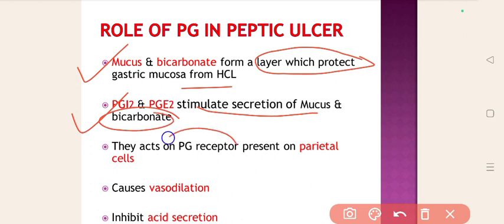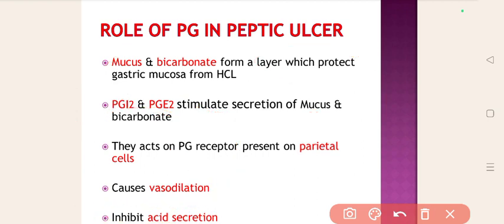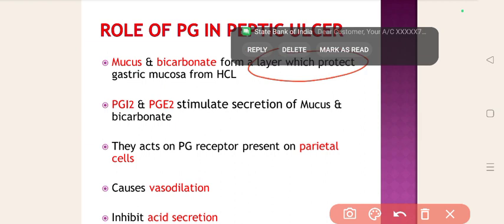They act on the prostaglandin receptor present on the parietal cells, and they inhibit the gastric secretion. It also causes vasodilatation. Okay, so this is the role of prostaglandin, how it protects the GI mucosa by secreting mucus and bicarbonate. They form a protective layer over the gastric mucosa.